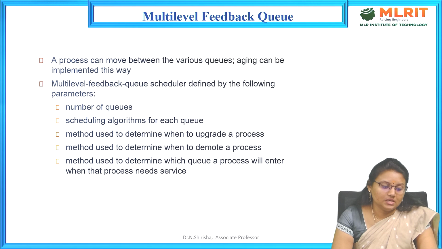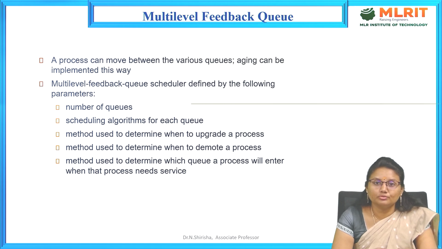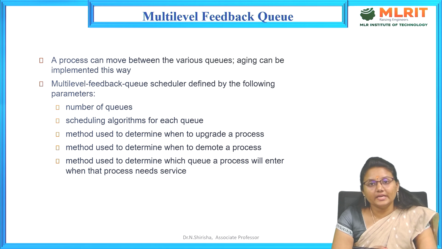Feedback queuing is to avoid the starvation problem. In batch or student processes, the waiting time will be much longer, which again leads to starvation between the queues.